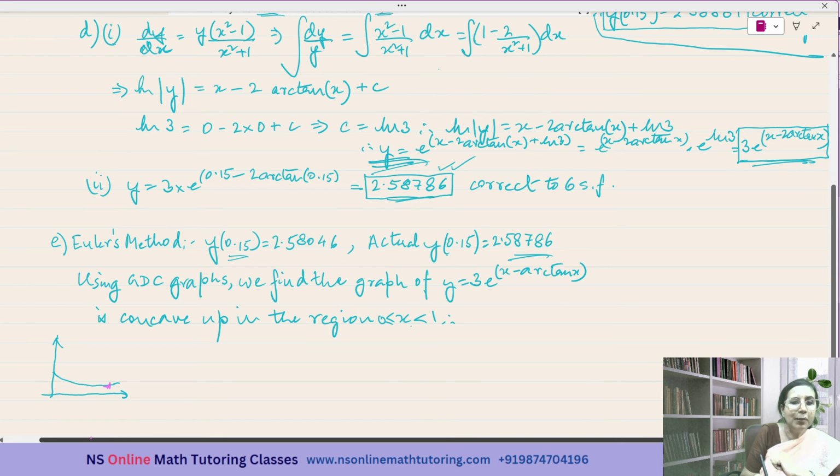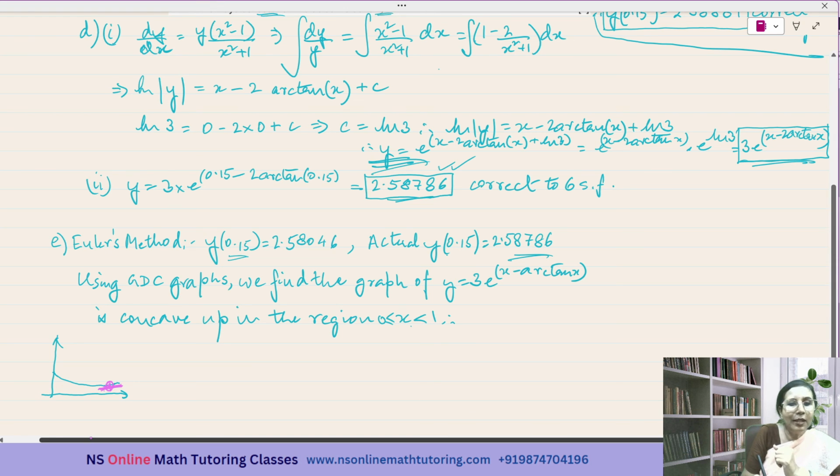So if I take this point and draw a tangent over here, you see what we are doing in Euler's method. We are taking an initial point and getting the x and y values for this point. And then dy by dx is what? It is the gradient of the tangent.